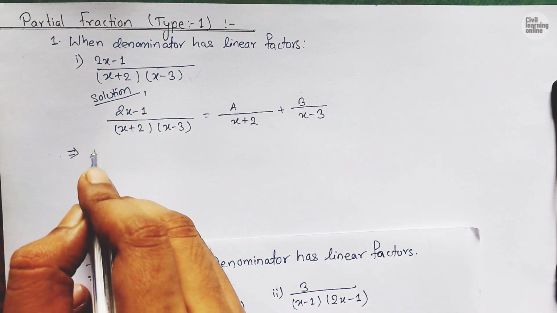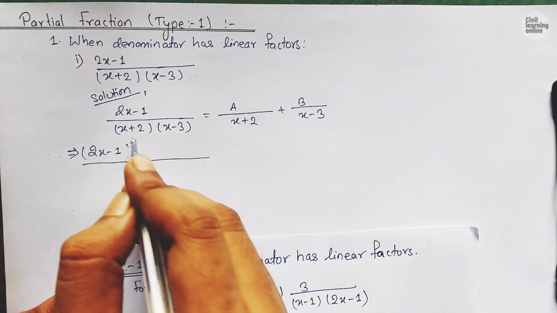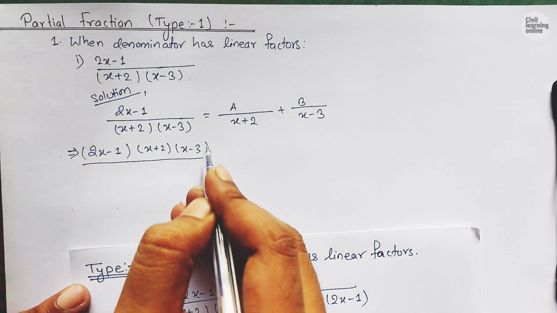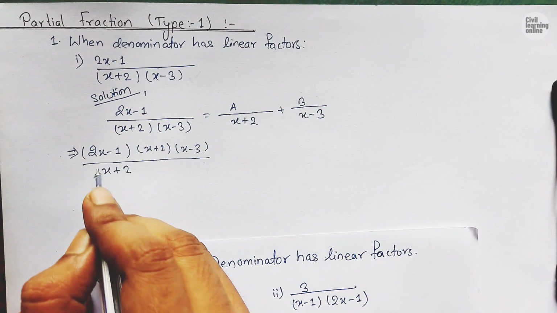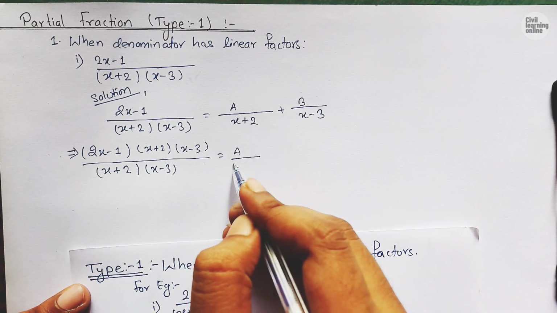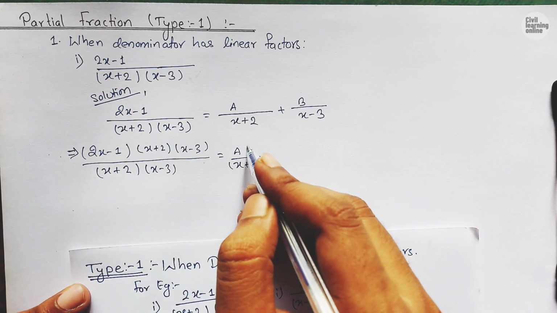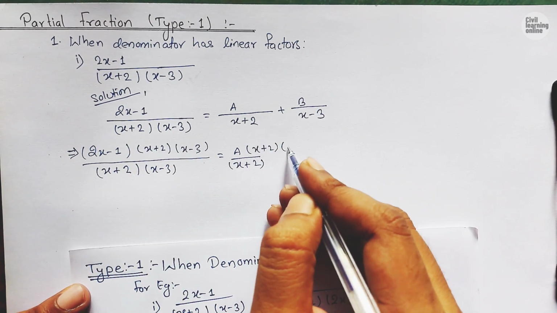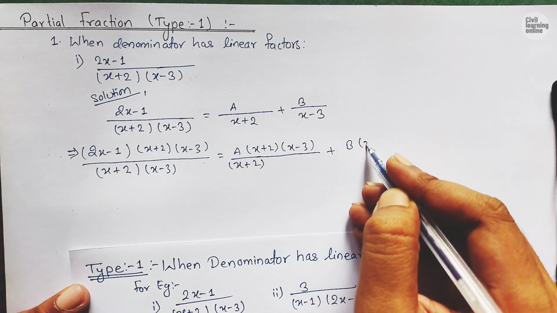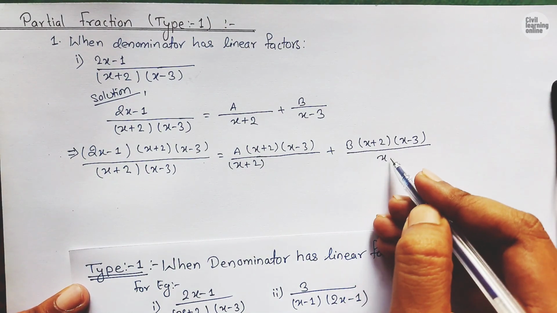So 2x minus 1 gets multiplied by x plus 2 times x minus 3, equal to a upon x plus 2 multiplied by x plus 2 times x minus 3, and similarly b upon x minus 3 also multiplied by x plus 2 times x minus 3.